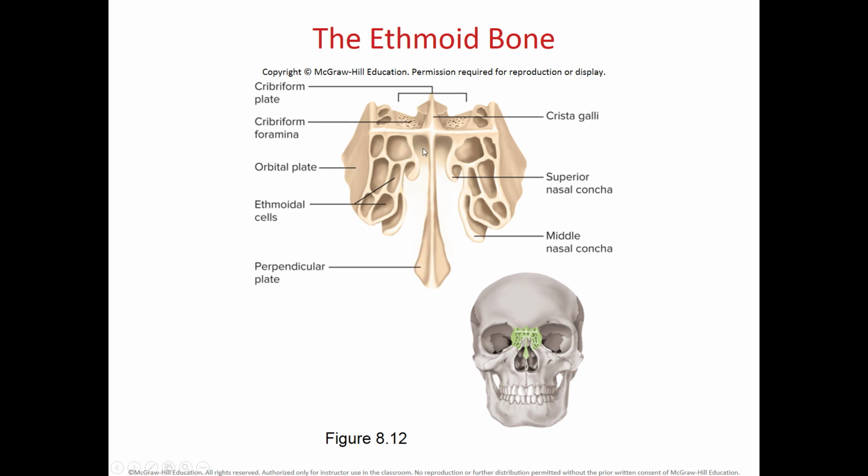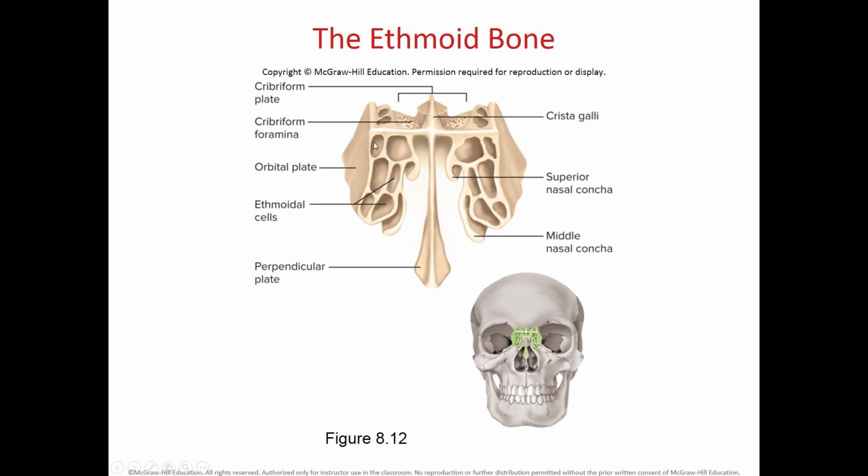On the sides of the perpendicular plate, we have the orbital plates, where you have tiny air-filled spaces called the ethmoidal cells. Sometimes they are called ethmoidal sinuses, but these are more properly cells because they are smaller than a sinus.